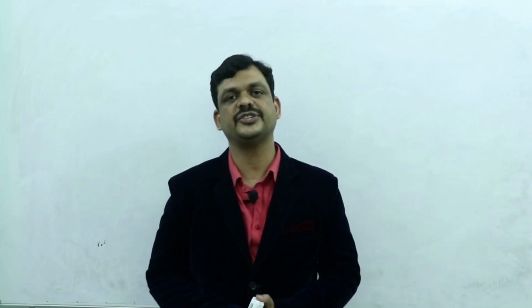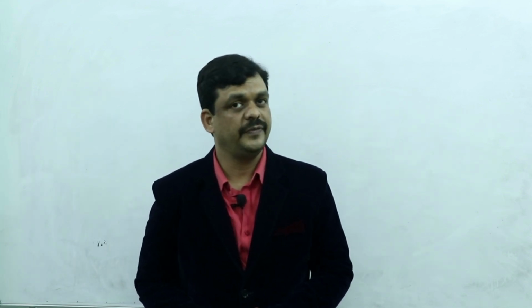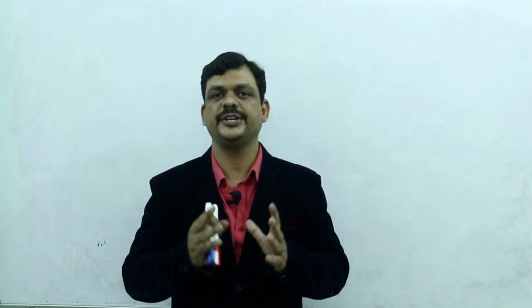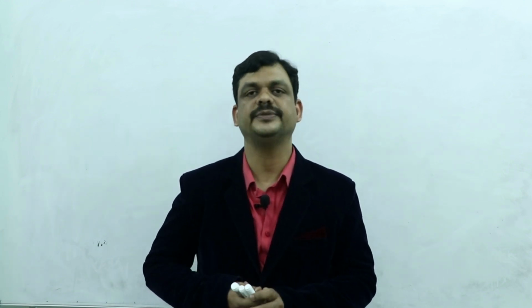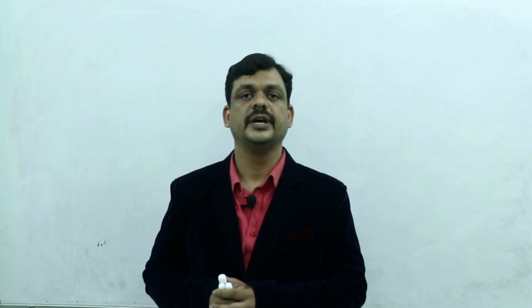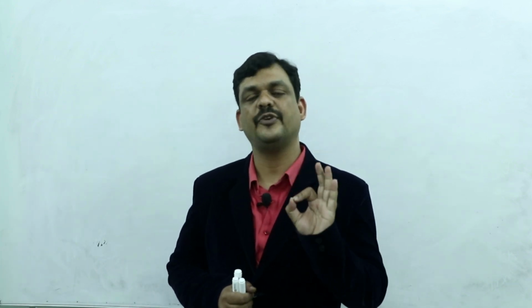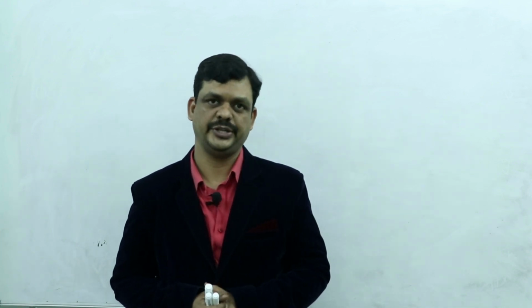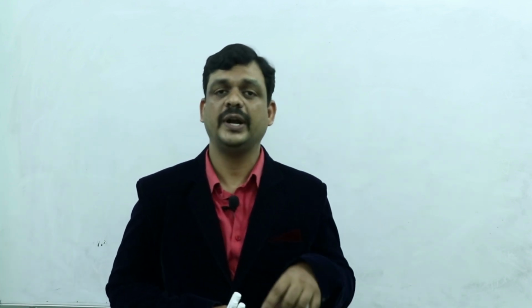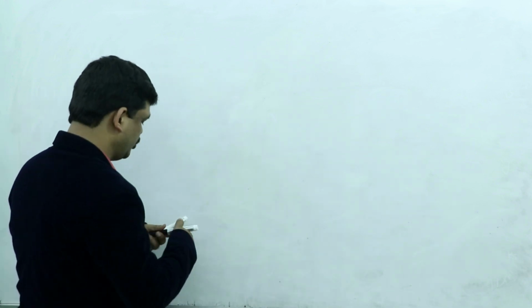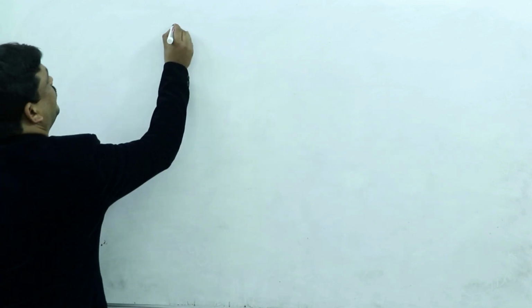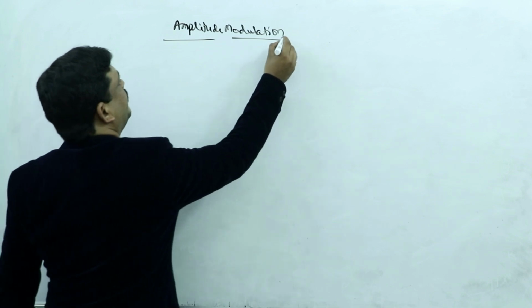Amplitude modulation. First of all, we'll go through amplitude modulation. Just now we have discussed the introduction to the modulation process, types of modulation, and the necessity of modulation. Now we have to discuss one type of modulation, amplitude modulation.